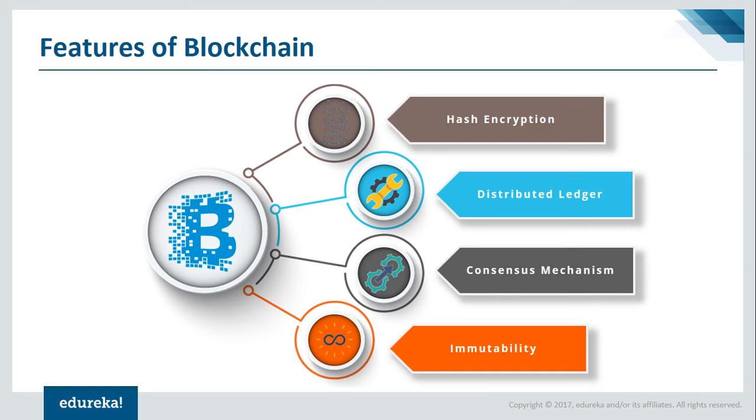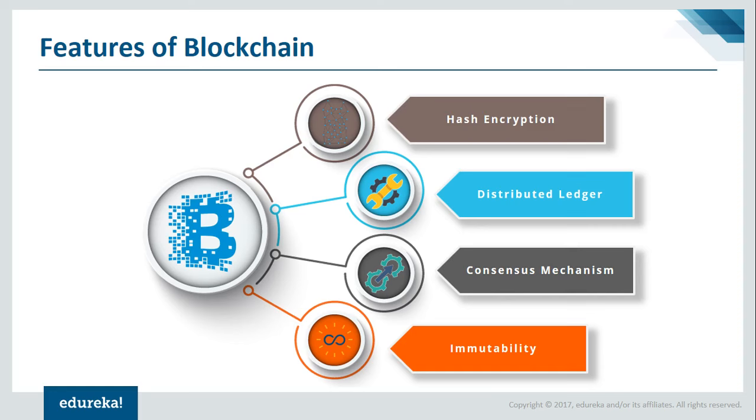This encryption system is so complex that even a slight variation in the input can make a massive difference in the output. You would not be able to relate the input and the output, and it's a unidirectional process. So even if you have the output, you cannot somehow reverse engineer and identify the input. Now, the second major feature which makes blockchain quite popular is the distributed ledger feature.